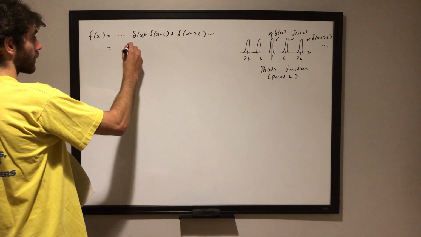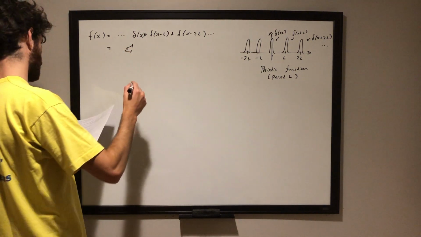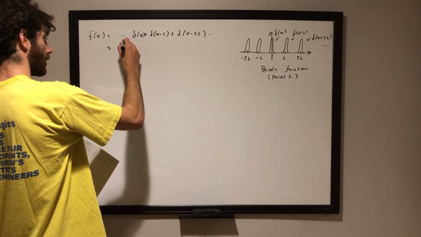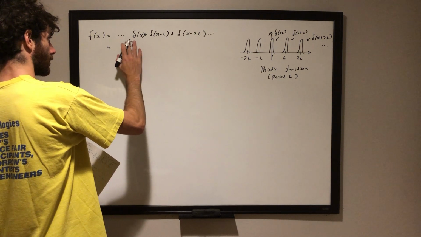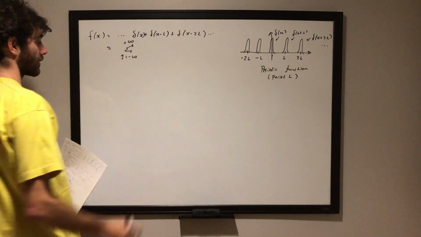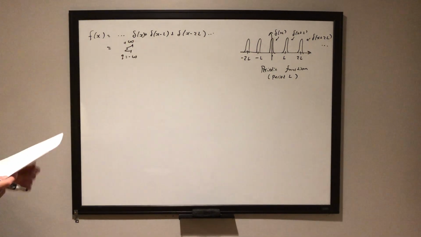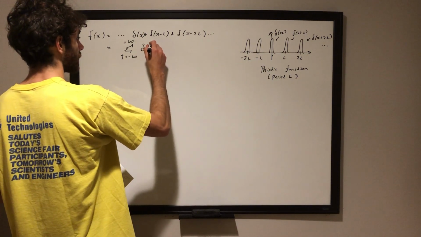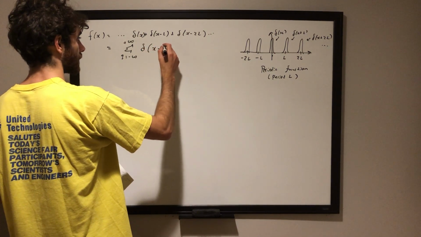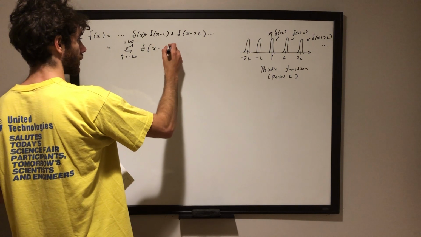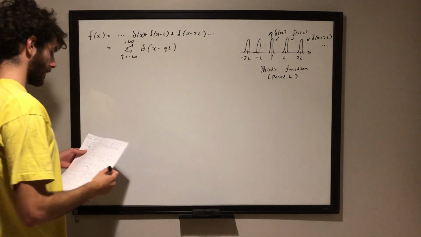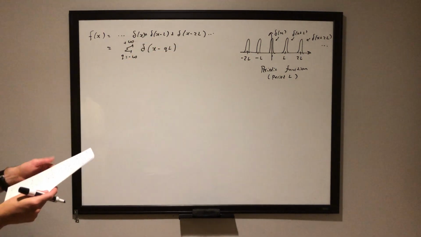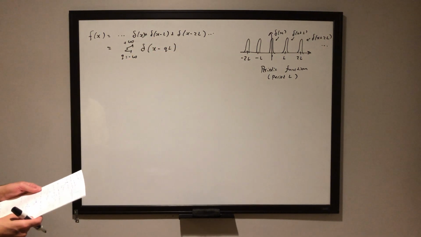Or as a sum, I like to use Q. Or I guess I should say that Cohen-Tannoudji uses Q. But we can write this as x minus QL. Okay? So this is what that function can be represented as mathematically.